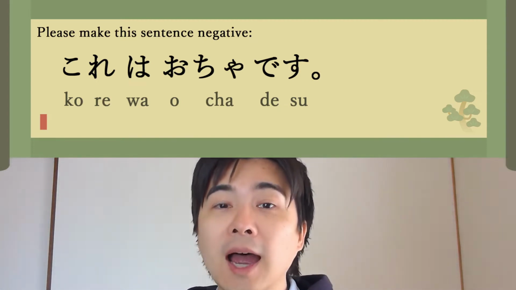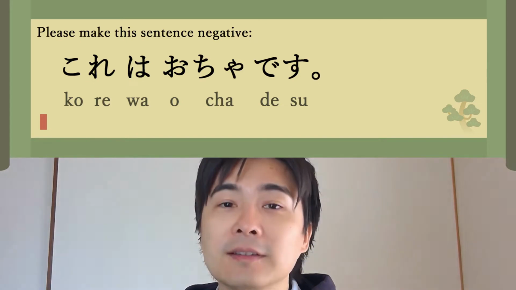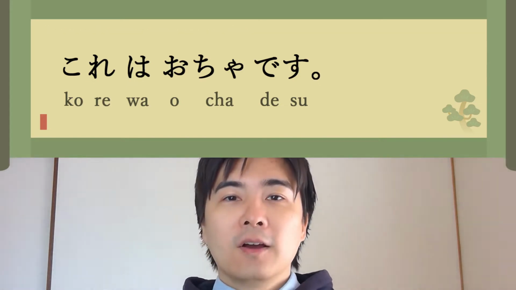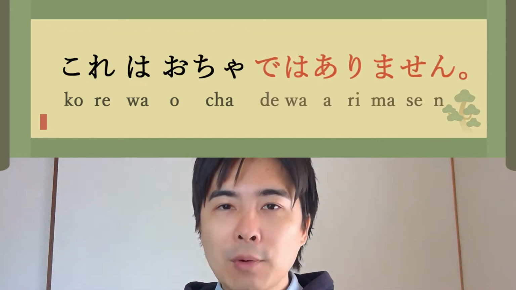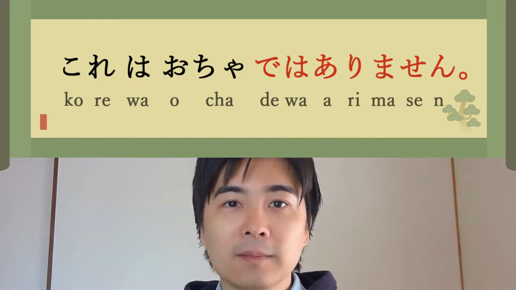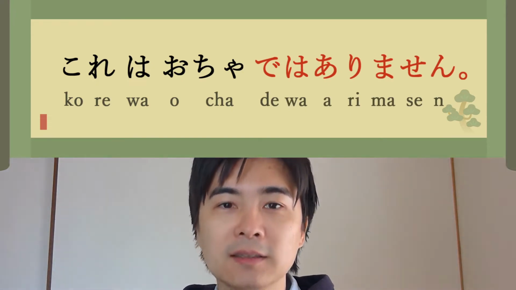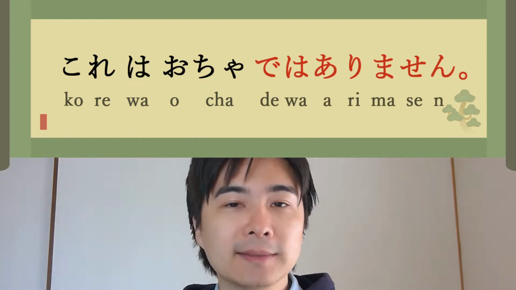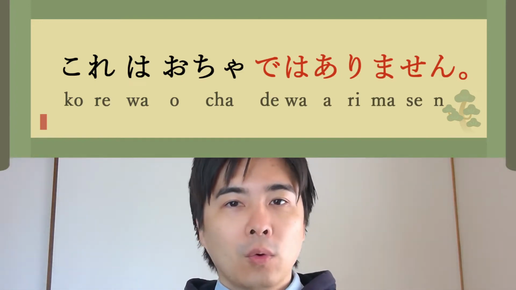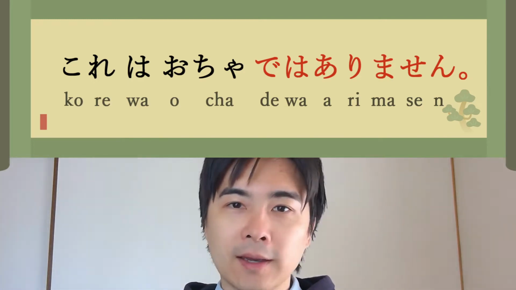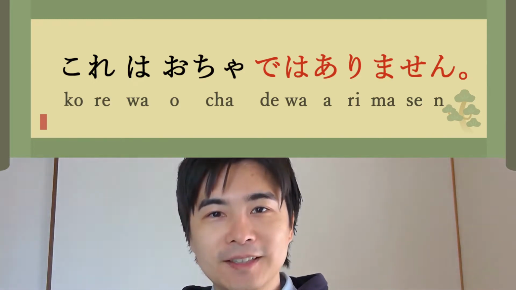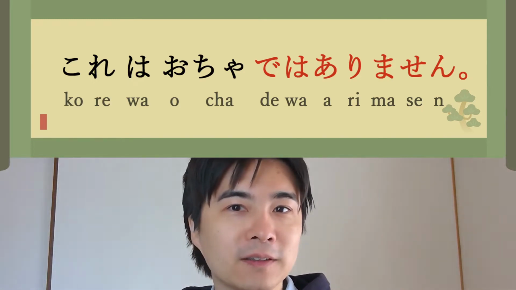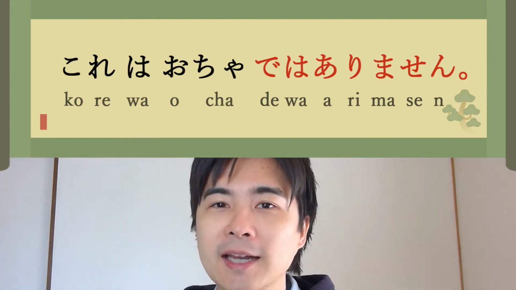Okay, so I will tell you the answer. The answer is これはお茶ではありません。This means this is not tea. How was it? In this chapter, please remember this becomes ではありません in a negative sentence.